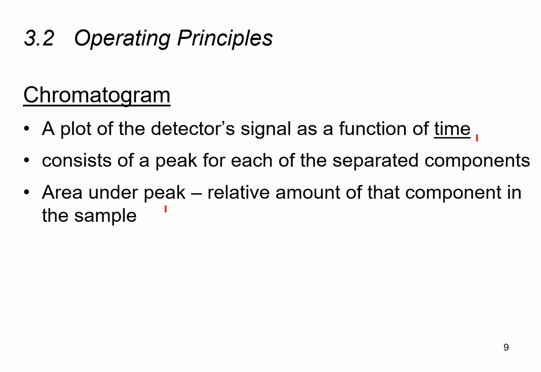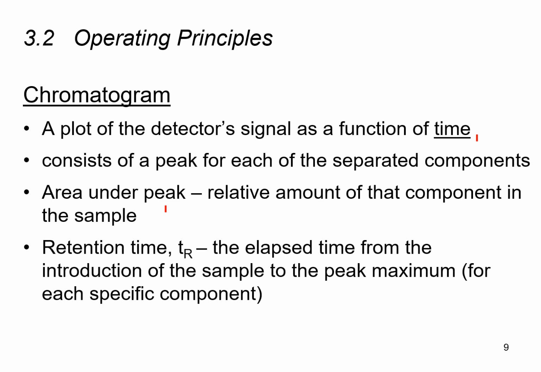If we see a peak for hexane and the hexane peak is very, very small, then we would get an understanding that there's only a little bit of hexane present in that sample mixture. So the area under the peak or the size of the peak can tell us how much of that particular component is present in the sample.